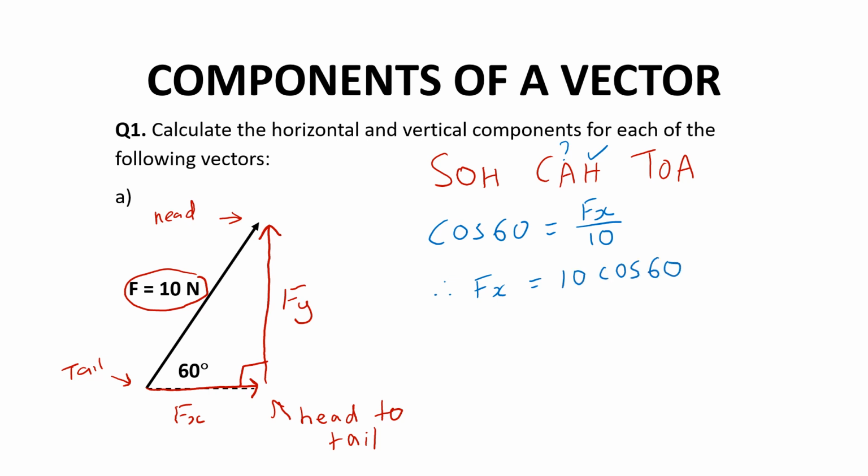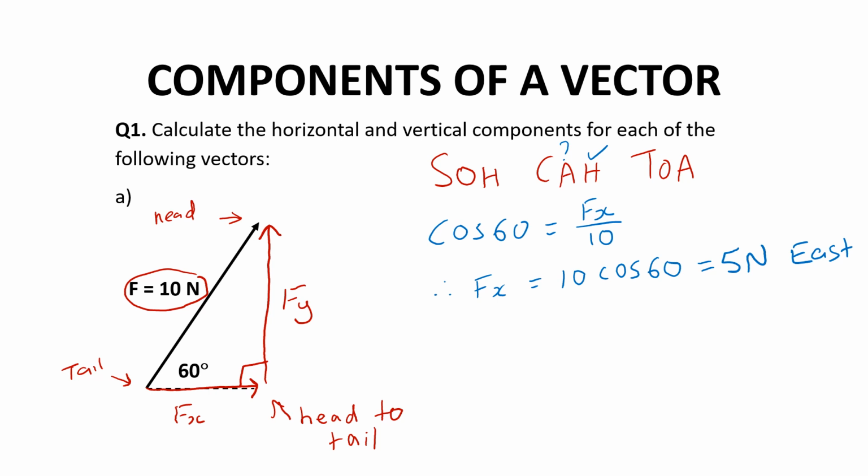Using the calculator, 10 times cos 60 equals 5 newtons. From the diagram, we know that Fx is to the right, so we can write 5 newtons east.